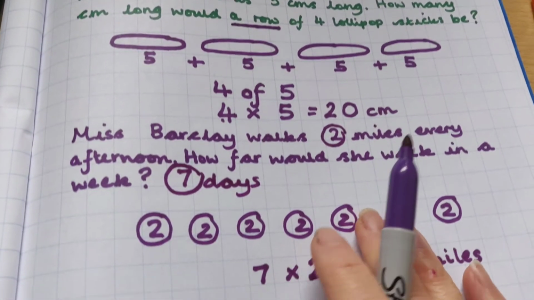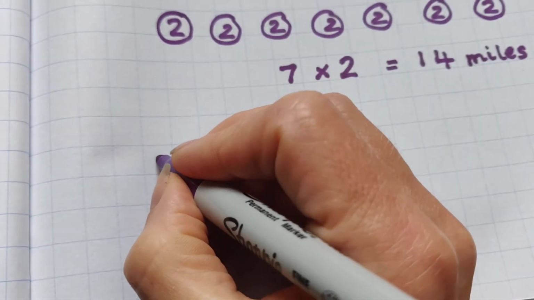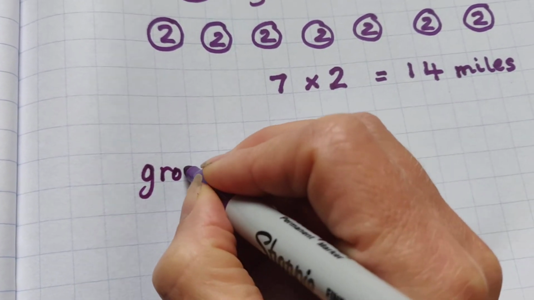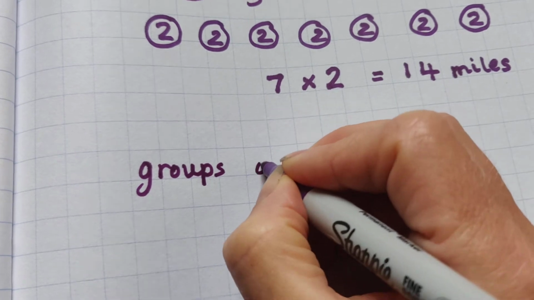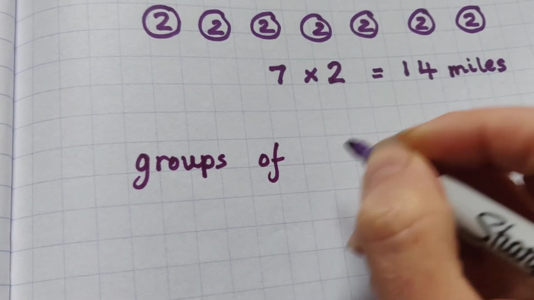Those usually mean multiplication. If I just write some of those down here, so you might see when we're multiplying in the worded problem, it might say groups of, or something similar.